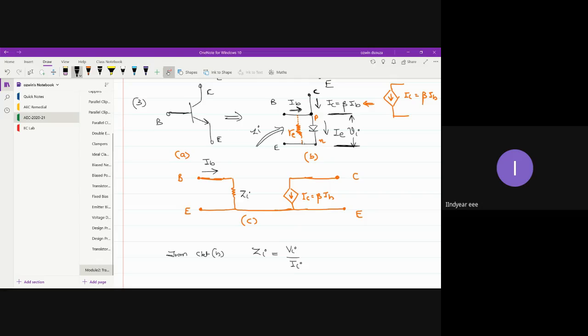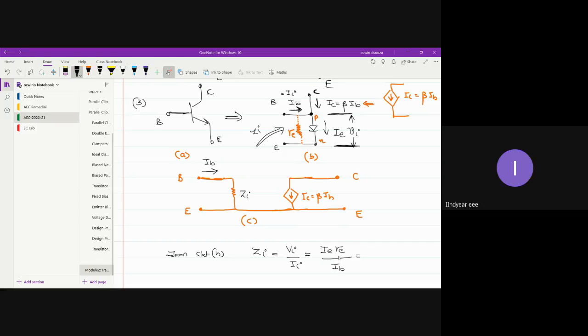Across base and emitter, whatever you measure, that will be your input voltage. So that's your VI. Now, voltage is equal to current into resistance. So through RE, which current flows? IE flows. So you can write VI as IE into RE divided by II. What is II? II is your input current IB.